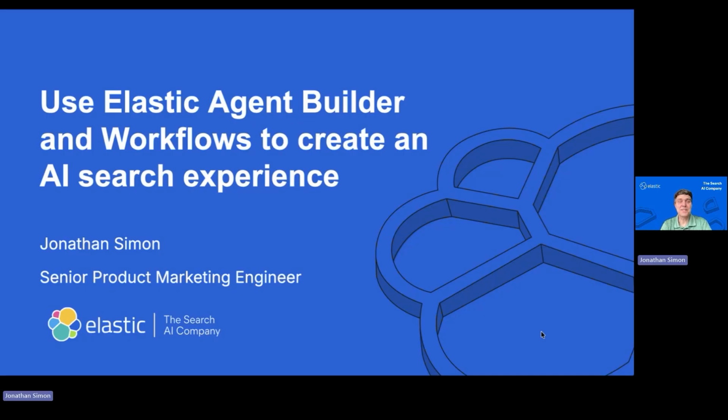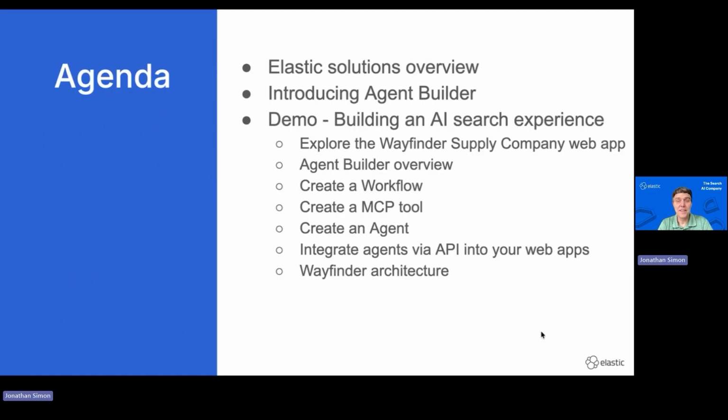And today I'm going to show you how you can use Elastic Agent Builder and workflows to create an AI search experience. The agenda for this webinar is that I'll start with a quick overview of the Elastic solutions that are available, and then I'll introduce Agent Builder, and then we'll jump right into a demo where I'll show you an e-commerce website for a fictitious company called Supply Company, and then we'll look at Elastic Agent Builder.